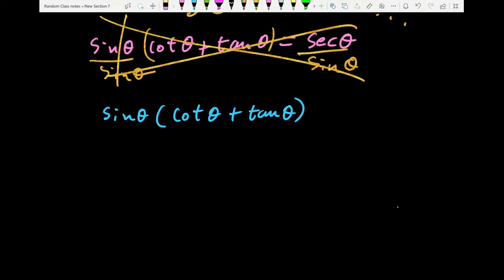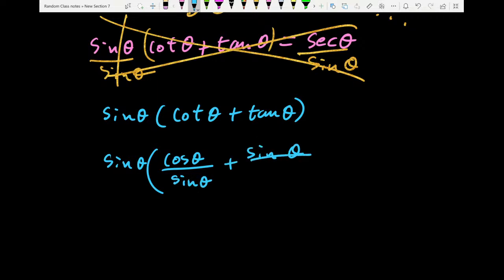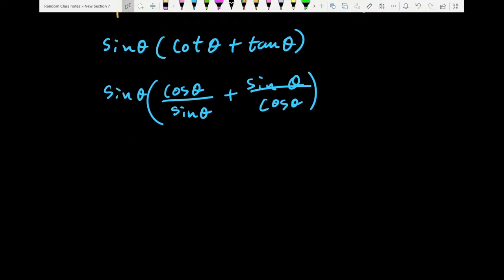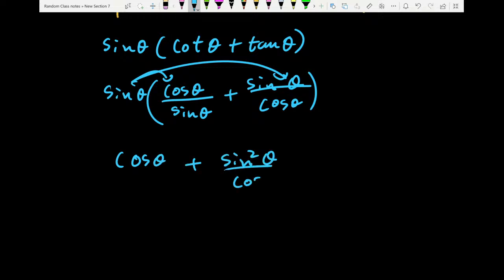So let's try to simplify it. Sine of theta times cosine of theta over sine of theta plus sine of theta over cosine of theta, right? You guys have that? Now distribute that. When you distribute that, what do you get? Cosine of theta plus sine squared of theta over cosine of theta.